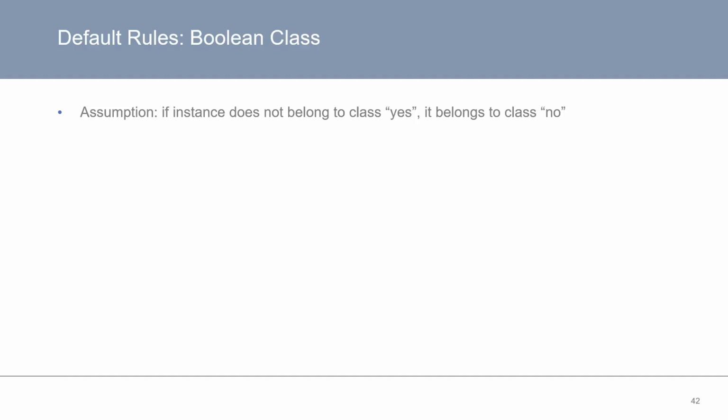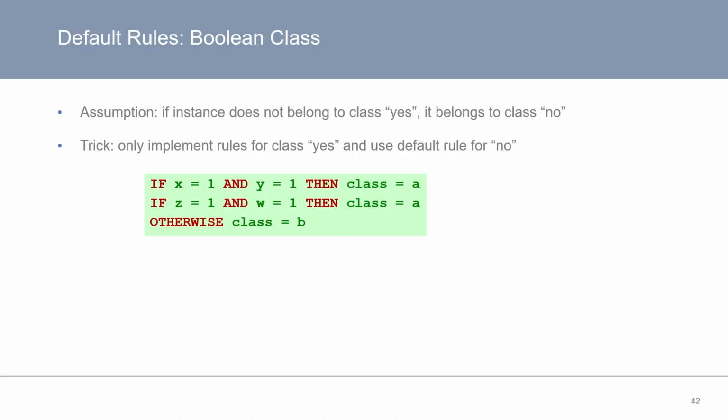So the assumption here is that if an instance doesn't belong to class yes, then by default, it belongs to class no. What's nice in this situation is that we only have to implement rules that indicate when we have a situation where class is yes, and then just rely on the default rule for any situation where the class is no. In this example, our two classes of interest are class A and B, and so we only provided rules to indicate when we're part of class A, and otherwise the default rule of class B kicks in. In this situation, the order of the rules isn't important, and we don't happen to have any conflicts.